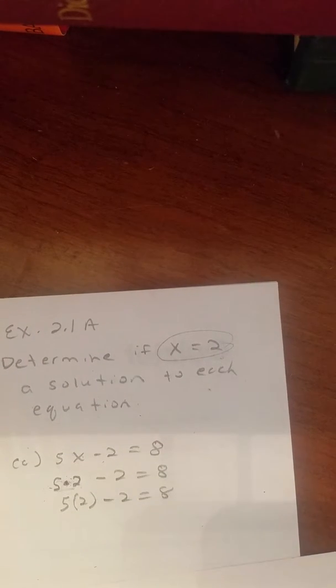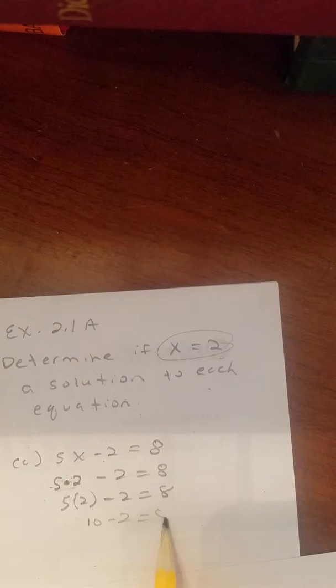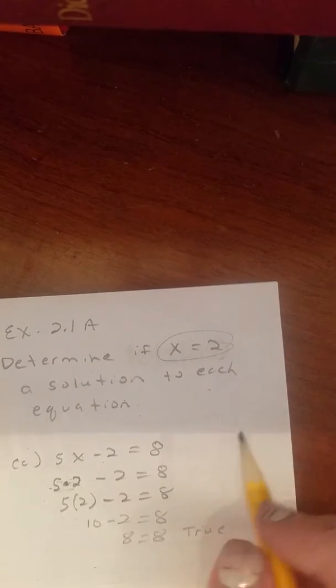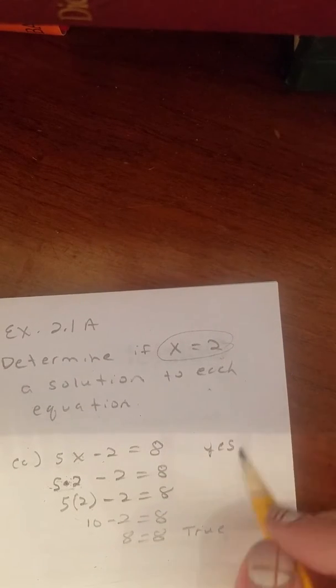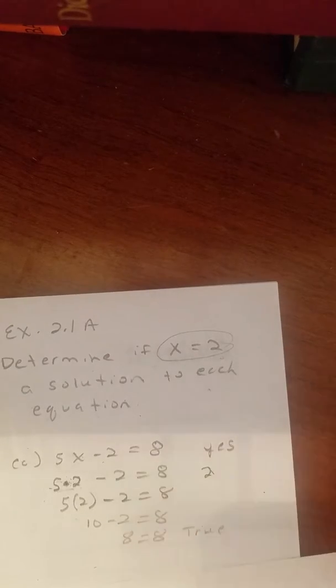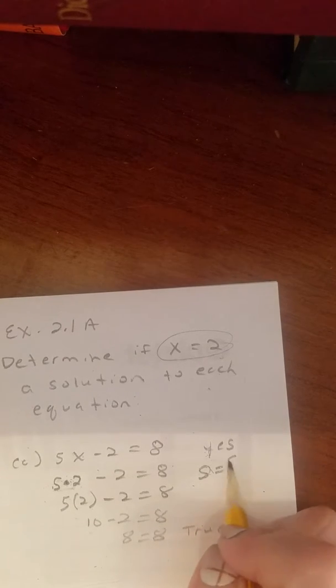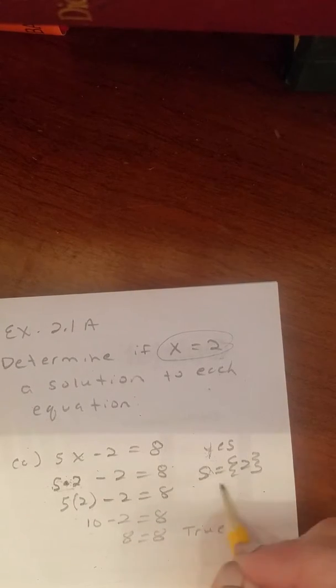I have to do my order of operations, which means what? We multiply before we subtract. So 5 times 2 is 10. 10 minus 2 is 8. So this is true. So if this is true, then I can say yes, that 2 is a solution. So I can write it: 2 is the solution.